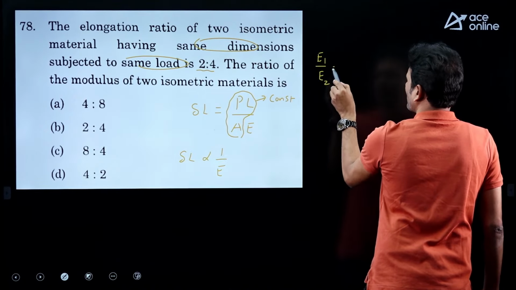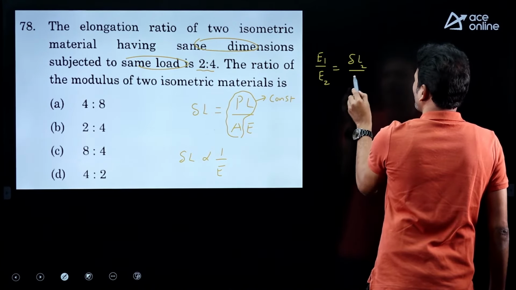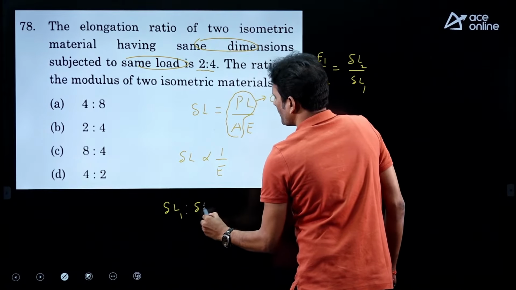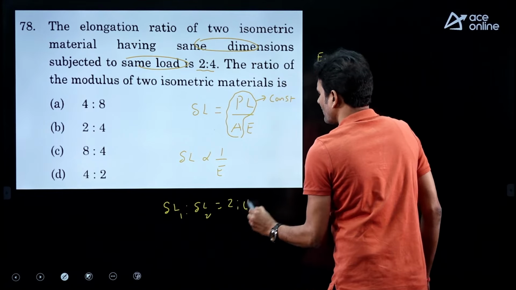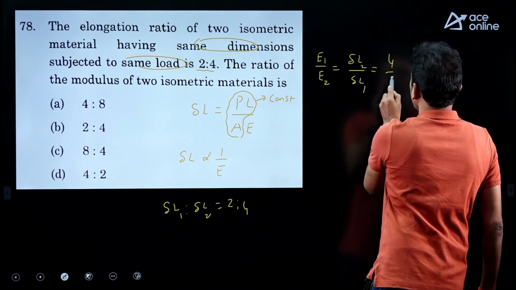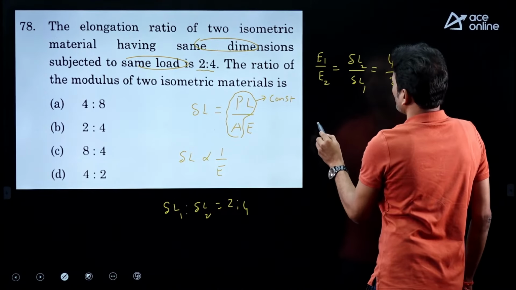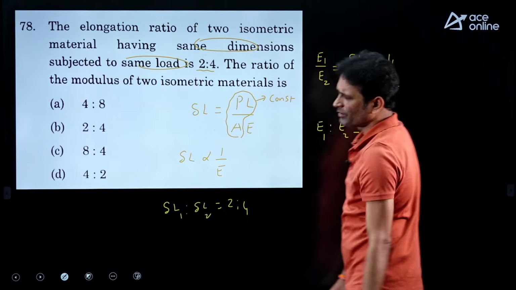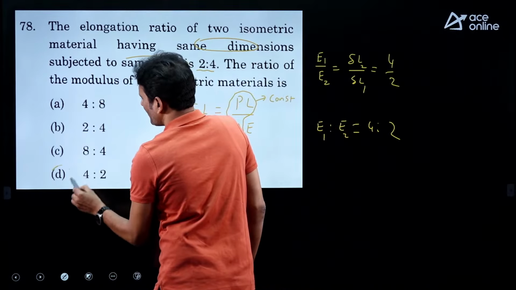E1 divided by E2 equal to del L2 divided by del L1. Del L1 is to del L2, how much it is given? 2:4. Then it is automatically 4/2. So 4:2. E1 is to E2 equal to 4:2. 4:2 we are observing at option D. This is the correct option.